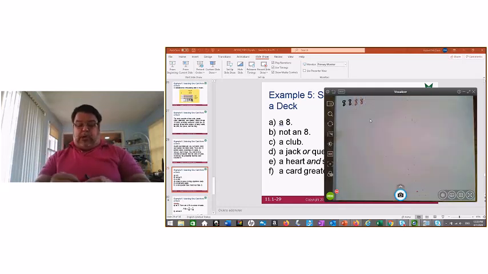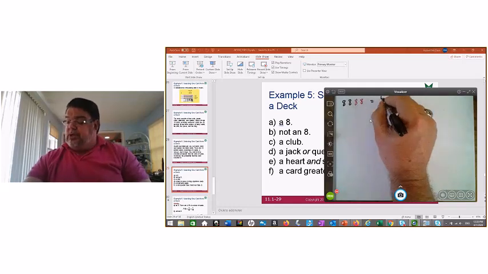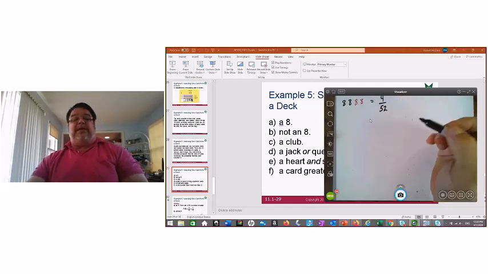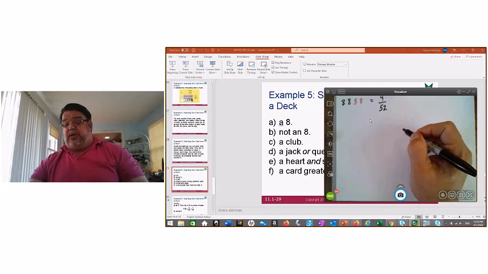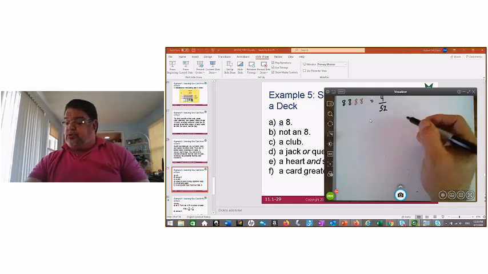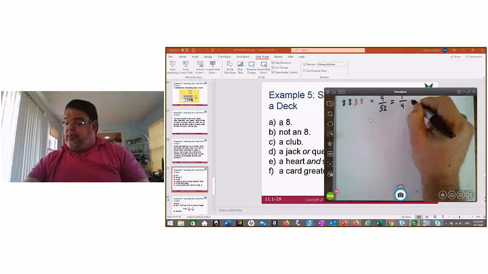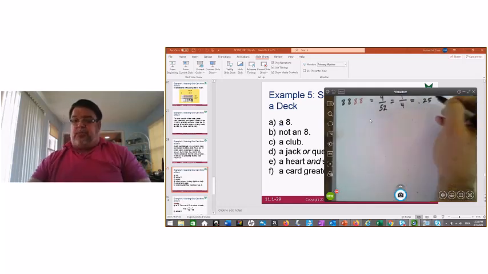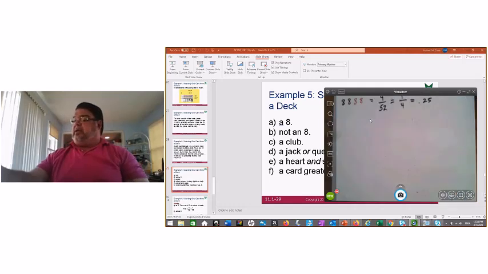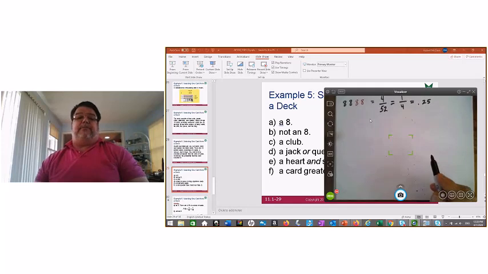So there's 4 in a deck of cards. Therefore, the probability of picking one of those 8s would be 4 over 52. Now remember, I said I'm not going to worry about y'all being able to reduce a fraction. You should be able to reduce that down to 1/4, so that would be 0.25. So the probability of picking an 8 would be 0.25.